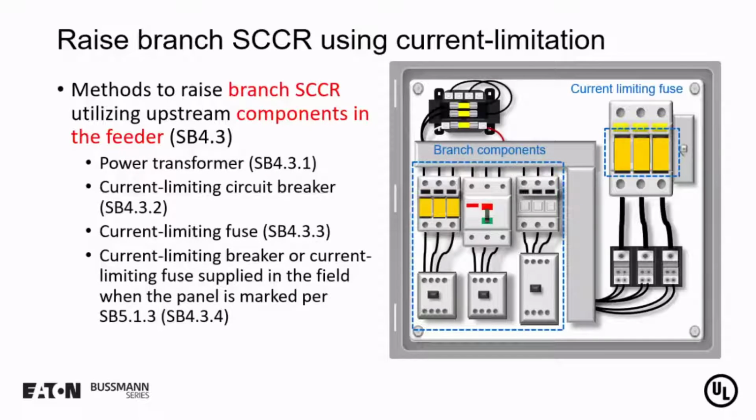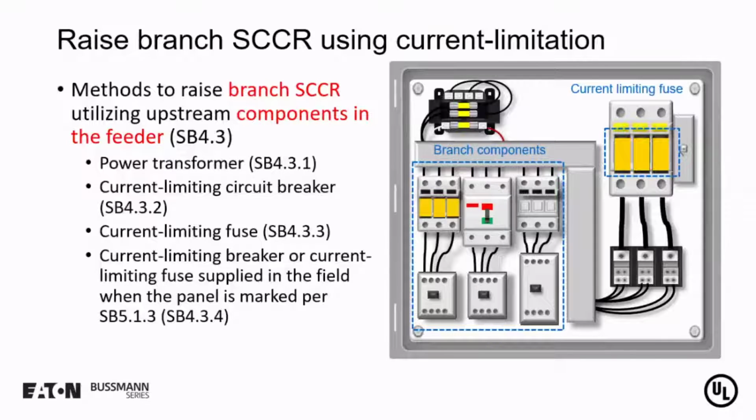Now I do want to mention, and I kind of alluded to this earlier, in many cases if I'm using 5 kA components, using a current limiting over current device might be very difficult to raise that 5 kA rating. So in many cases where we're using a current limiting breaker or perhaps a current limiting fuse, we're going to have a component with at least some level of a high fault rating.